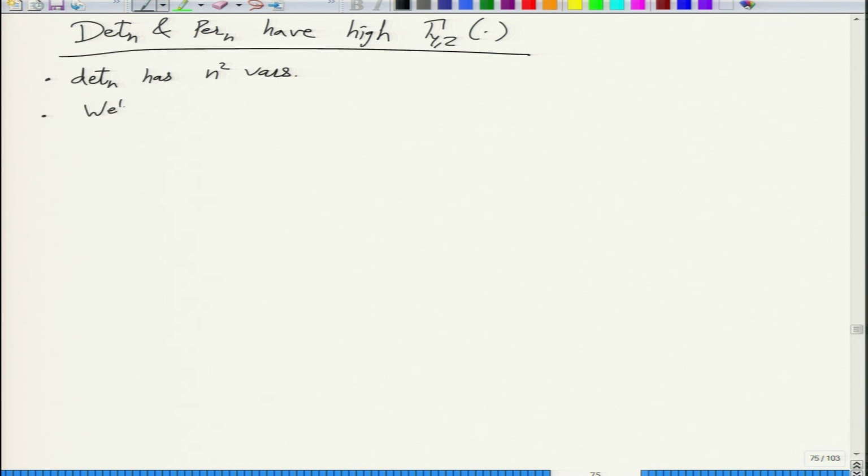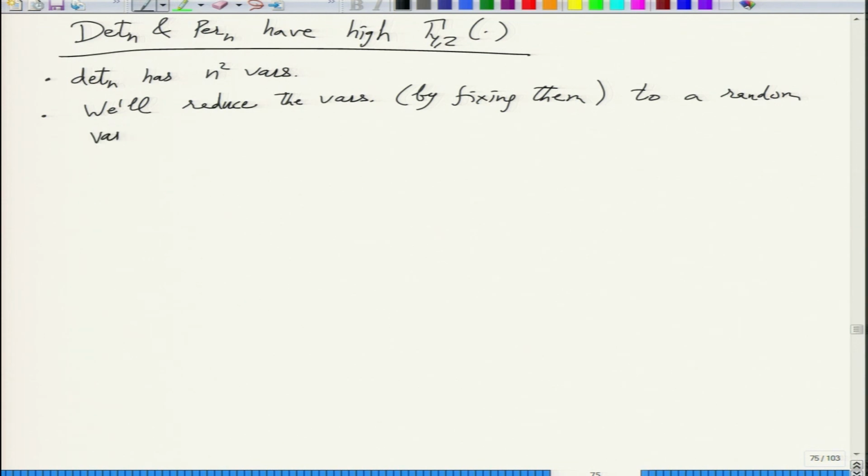So we will reduce the variables by fixing them mainly to 0. Let me not say where we are fixing. So we'll reduce the number of variables to a random variable set x, which will be much smaller.